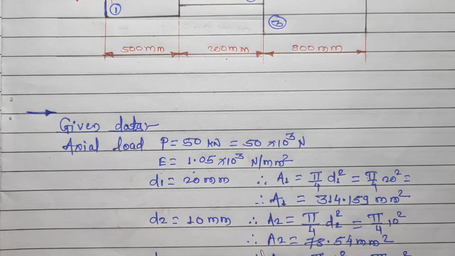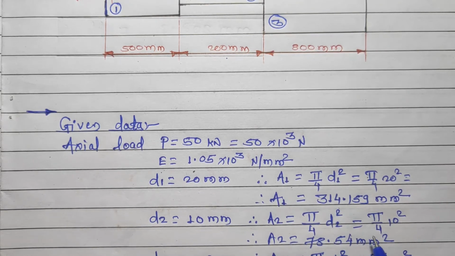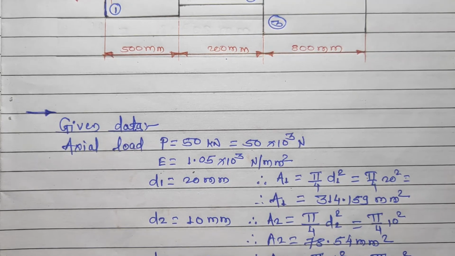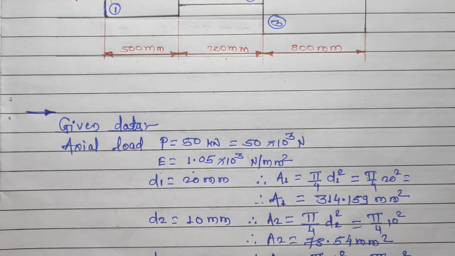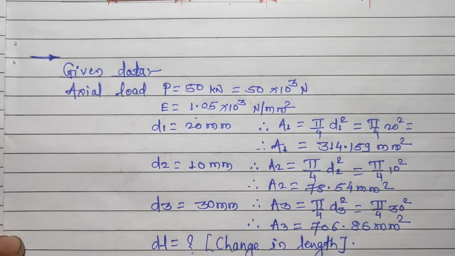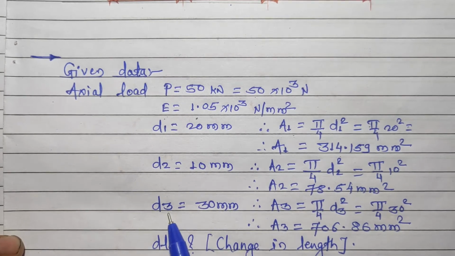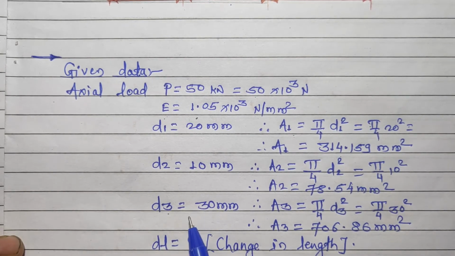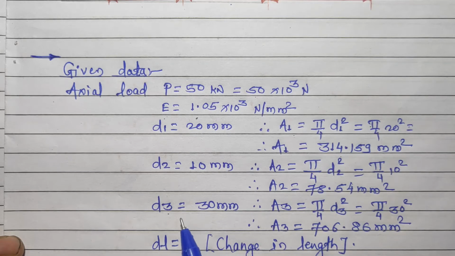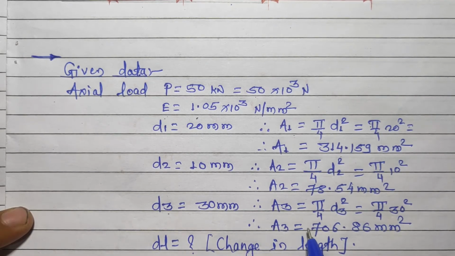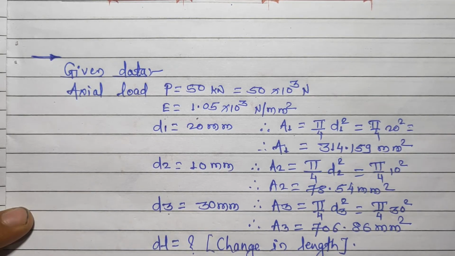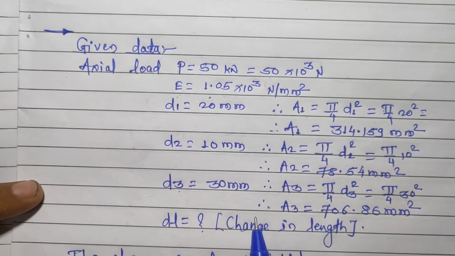The second section has diameter 10 mm, so A2 is equal to pi by 4 into 10 square, which is 78.54 mm square. Similarly for D3, we can calculate A3 by using diameter D3. So A3 is equal to pi by 4 into 30 square, so A3 is equal to 706.86 mm square.